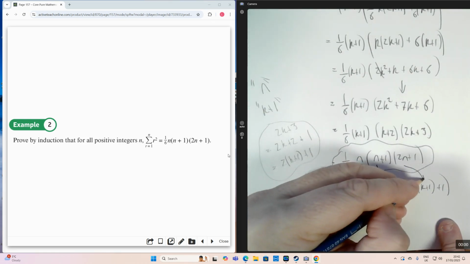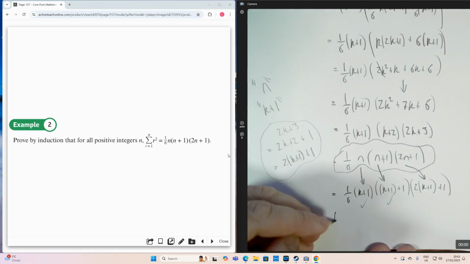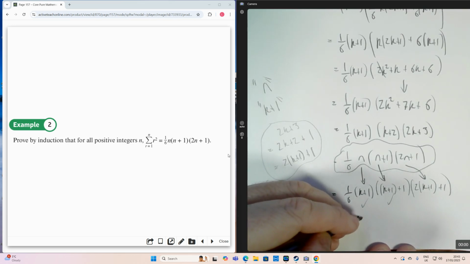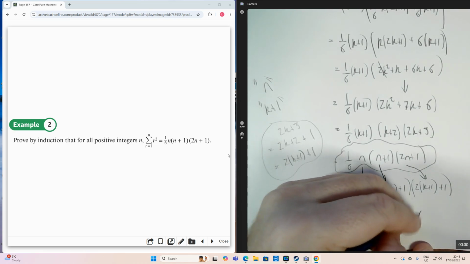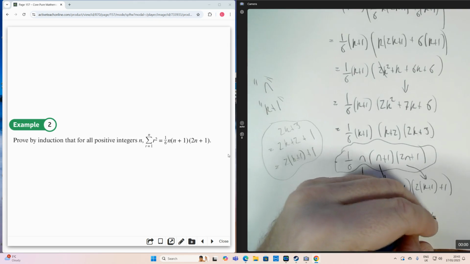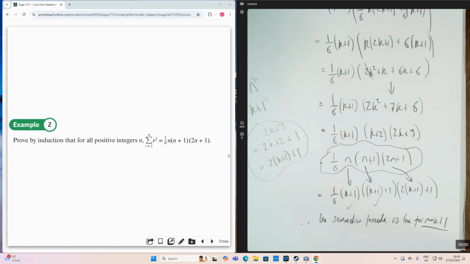And that completes it, because everywhere that we had an n in the original formula has now been replaced by a k+1. Okay, so that's perfect. So that means that therefore the summation formula is true for n equals k+1, because we assumed it to be true for n equals k, and we've just found that it is true for n equals k+1, okay, which is perfect.